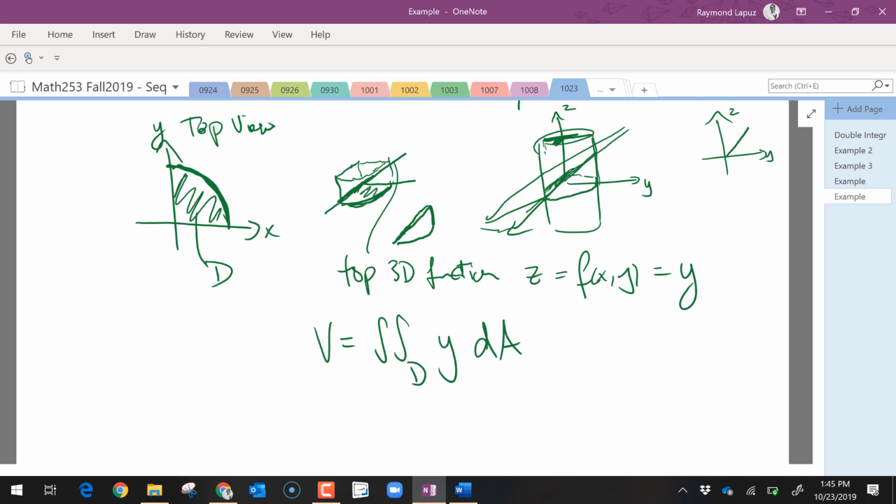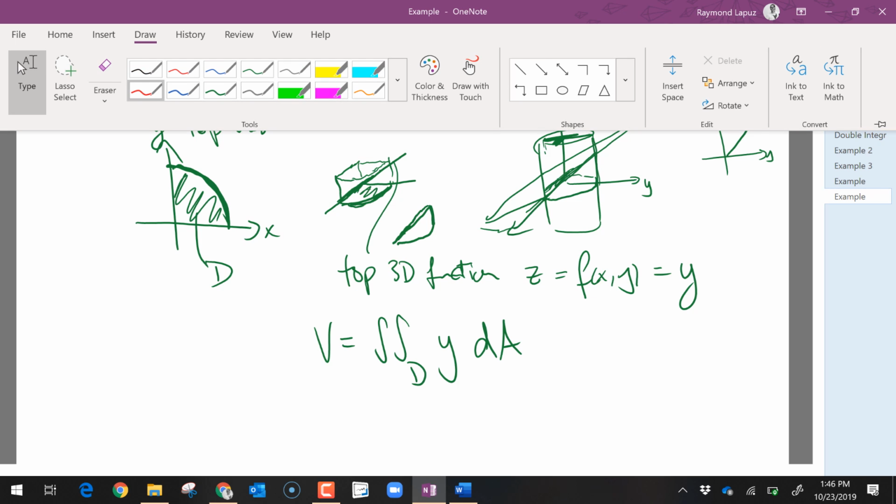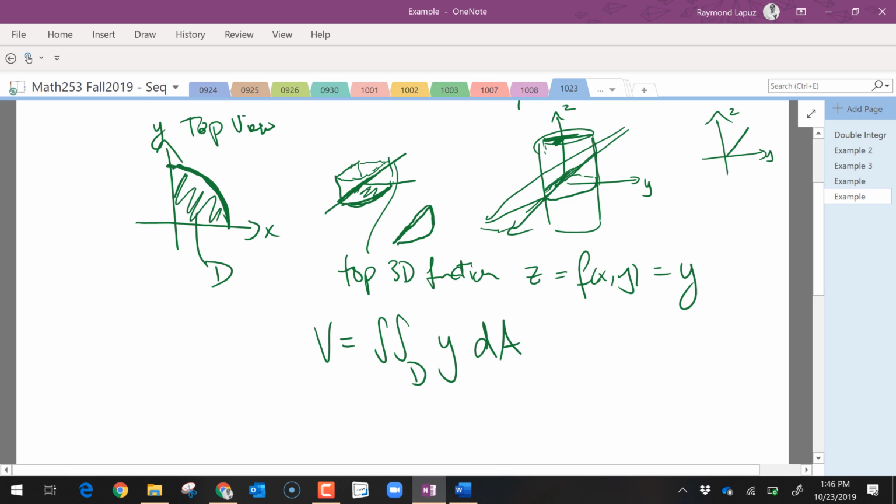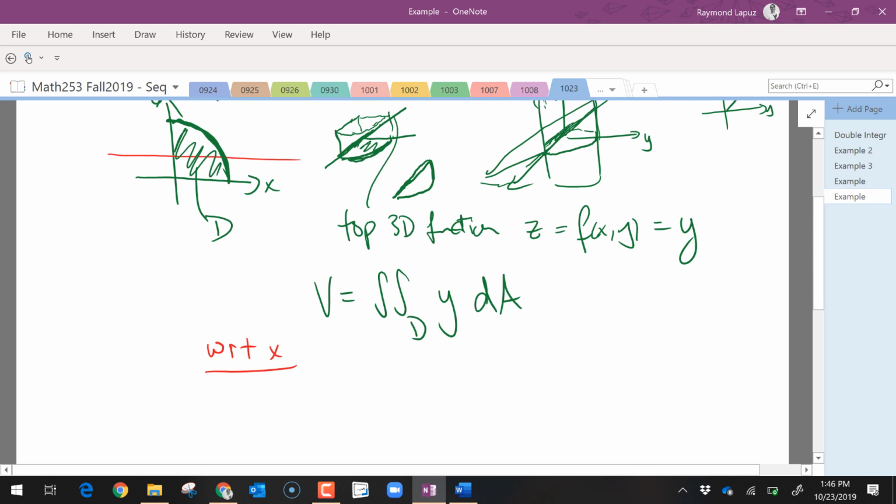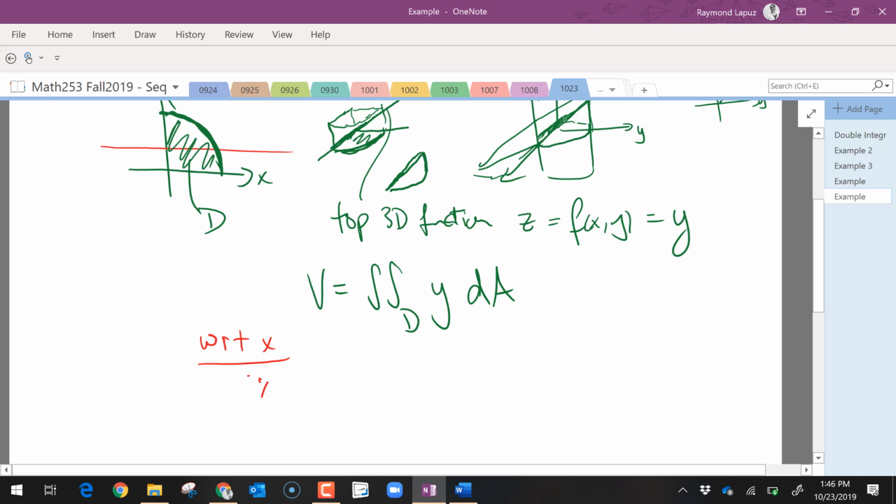I draw a line parallel to the x-axis. I would enter my region when x is equal to what? And I would exit my region.